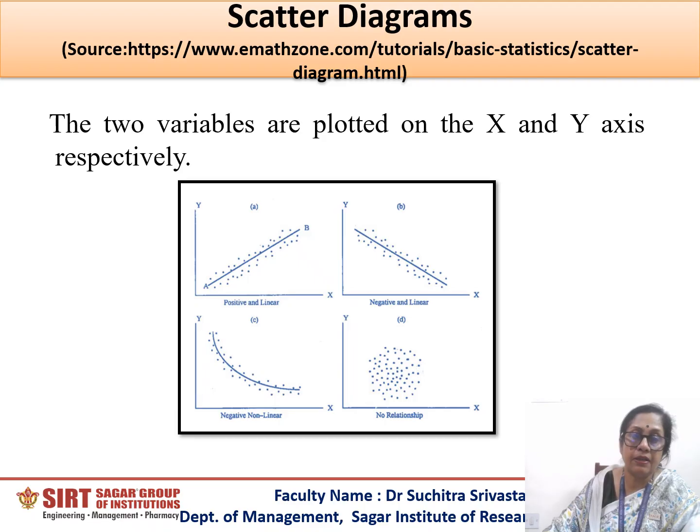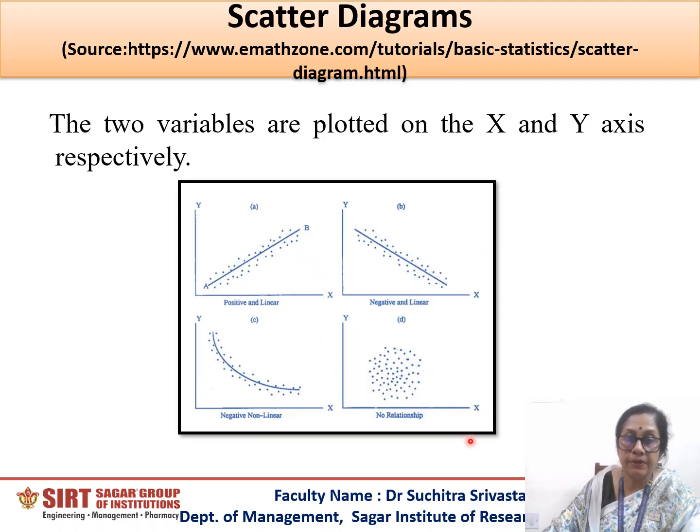In the first graph we have a straight line, and it is known as a positive linear relationship. Similarly, this graph again signifies a negative but linear correlation.